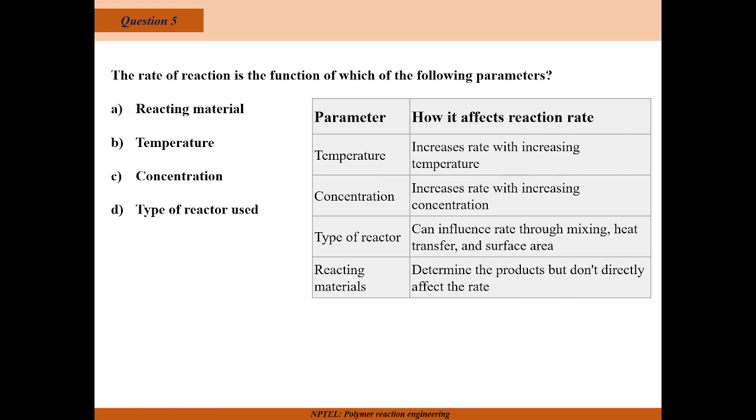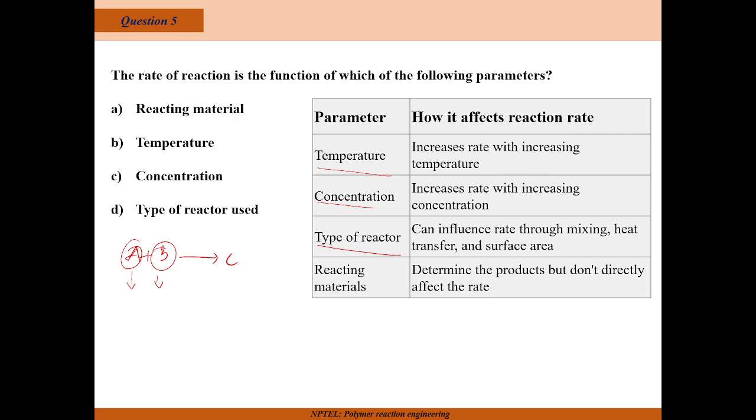Once the reaction is fixed, suppose we fix the reaction where we get A plus B, which gives C. Suppose we fix A and B, then there is nothing more we can do with A and B. The materials are fixed, and the next things that control the reaction are basically the temperature, concentration, and the type of the reactor. I hope this one is clear for you.